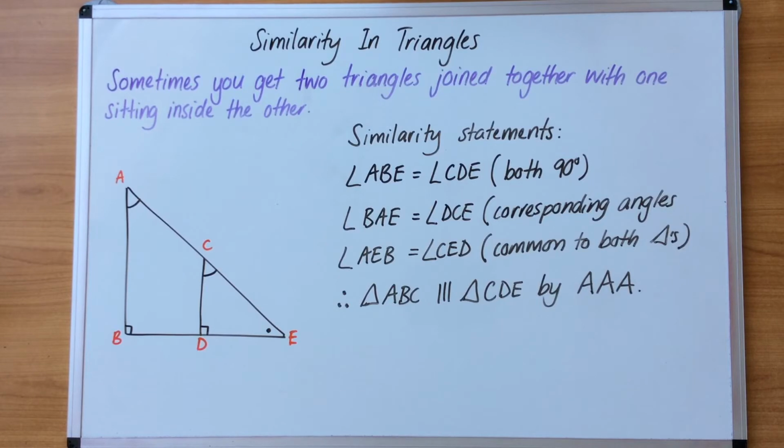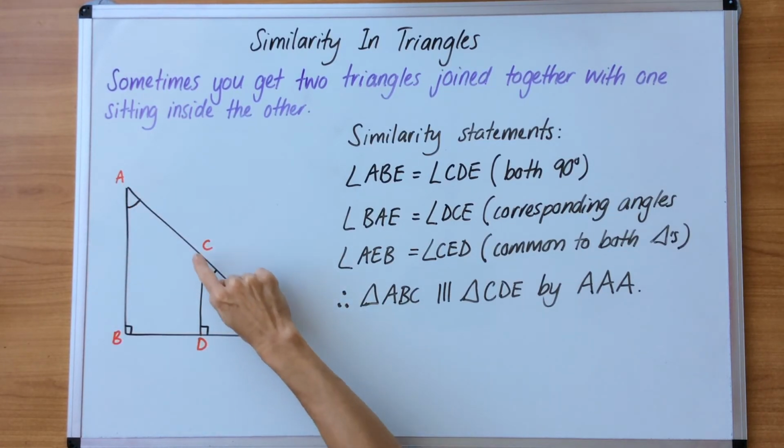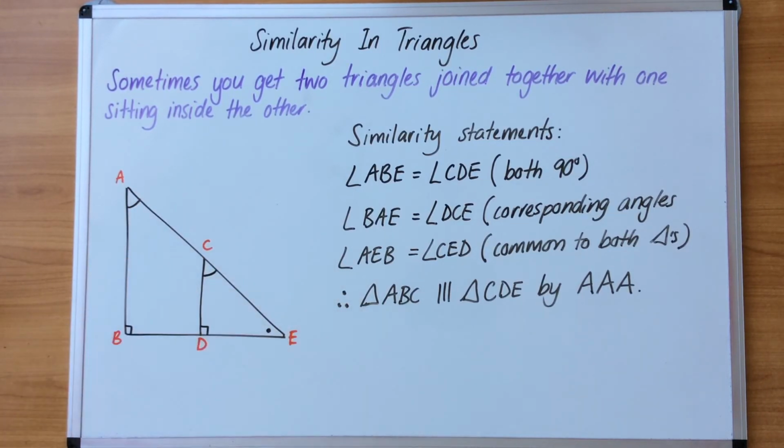So it's like saying that the armpits of the F. So if you look here, you can see that we have a very wonky looking F, and under the armpits of the F is the angle that we're looking at. So that's corresponding angles.